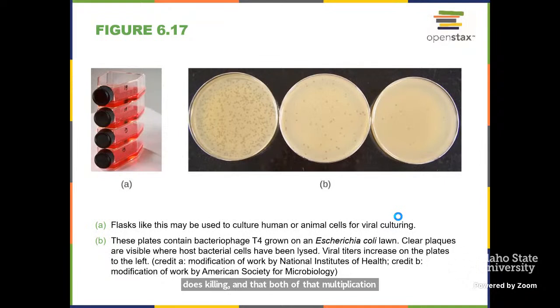And we call this a lawn of growth. And the little pits or divots in this lawn are plaques. And we can count, maybe not on this plate, but on these other plates, we can count up these specific holes or plaques and quantify.